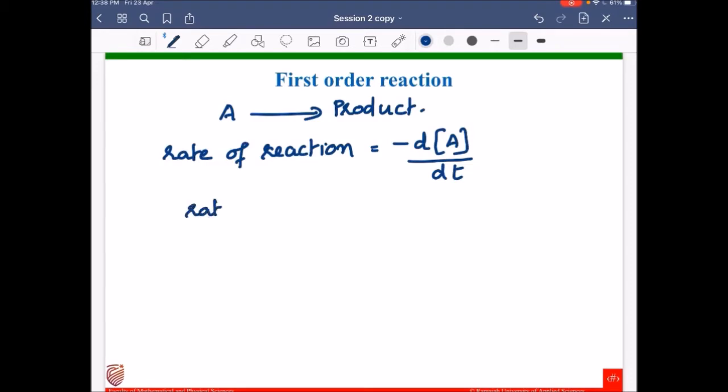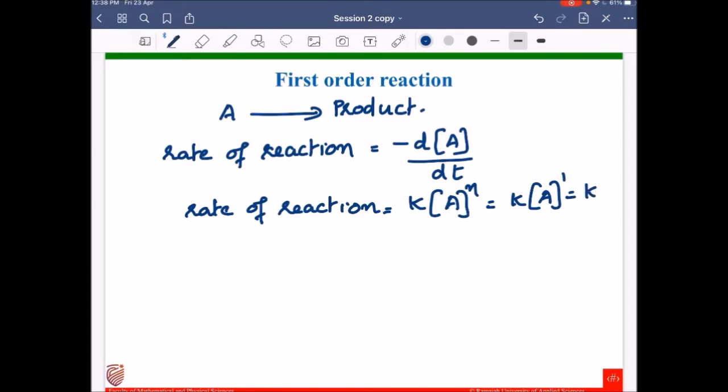As per the integrated rate law, we can write equation for rate of reaction equal to K into concentration of A raised to n. Here it is a first order reaction, so A raised to 1. So I can write rate equal to K of A. Equation number 1 and this one equation number 2.